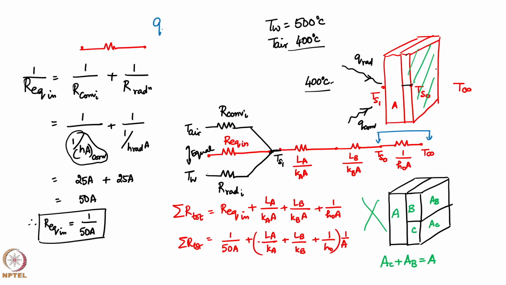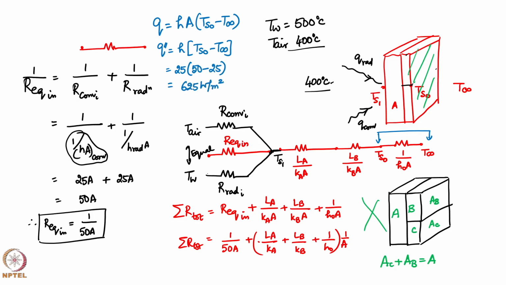So, Q is equal to h A into T S O minus T infinity. So, I can find that out. So, Q by A, Q double prime, is h into T S O minus T infinity, which is 25 into 50 minus 25, which is 625 watt per meter square. So, this is the heat flux.